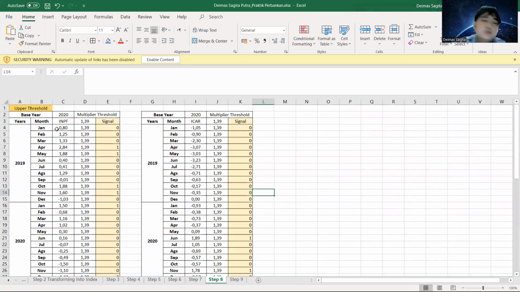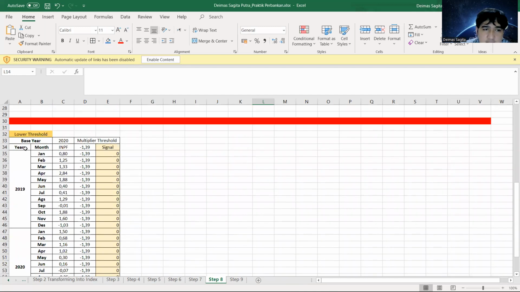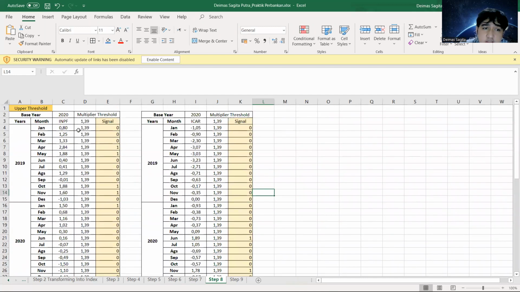Okay. In step 8, we try to find our signal in upper threshold and lower threshold. Next, again, we use our data. Our base year data is 2020. So we use our INPF, index NPF data.